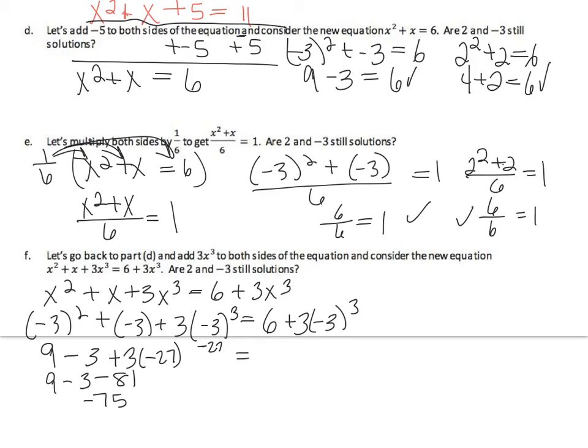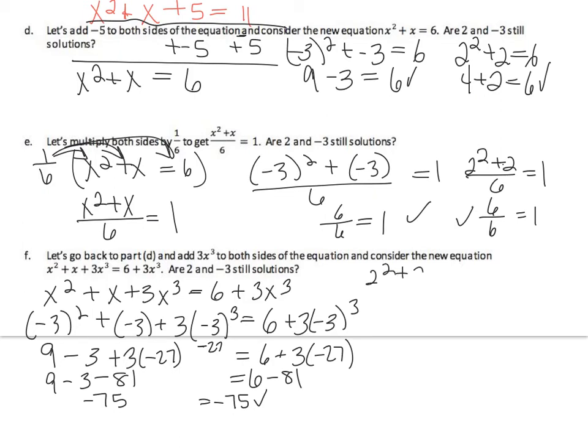And that equals 6 plus 3 times negative 27. 6 minus 81. They both equal negative 75. Let's try 2.